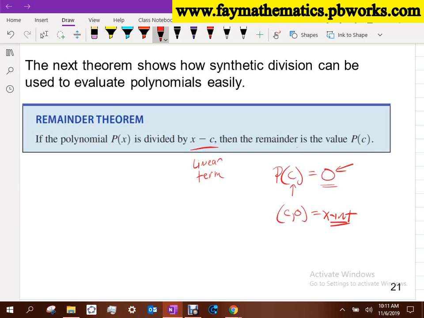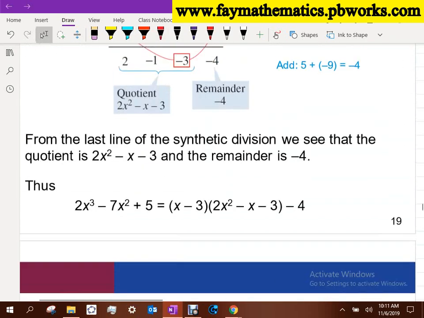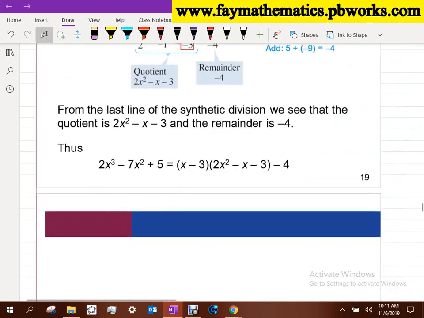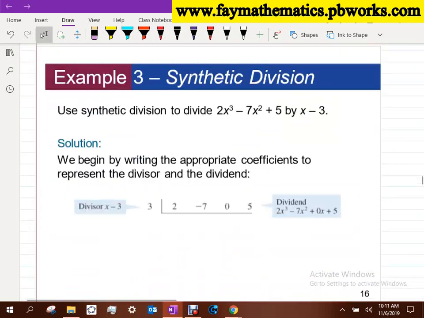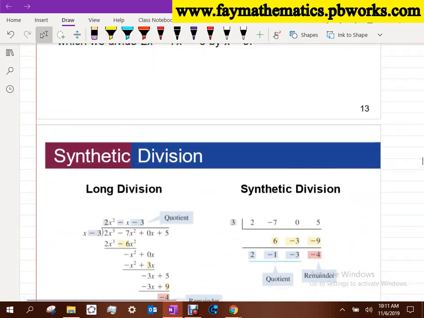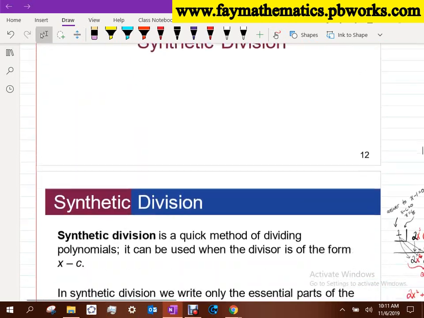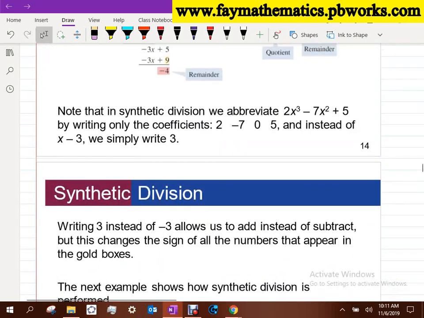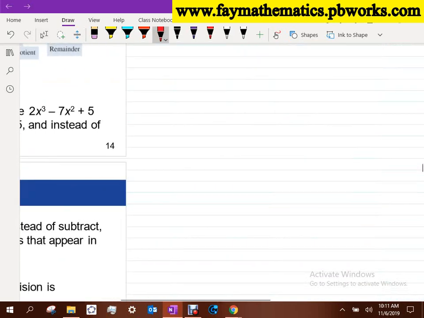Okay. So let's do an example. The example we do here won't give me a 0 right away. We'll get to one eventually that provides a 0, but let's do, where did it go? So 2x cubed minus 7x squared plus 5.